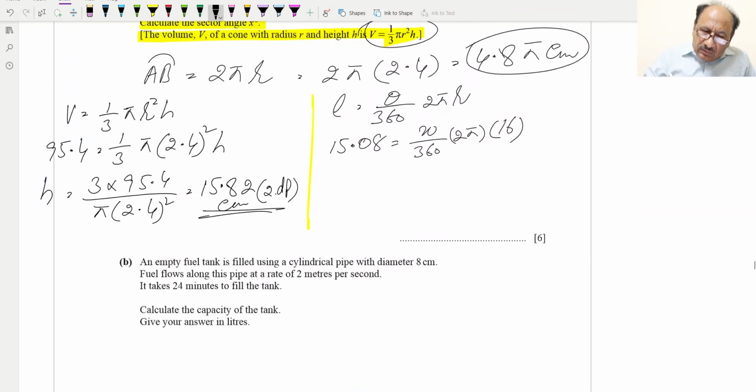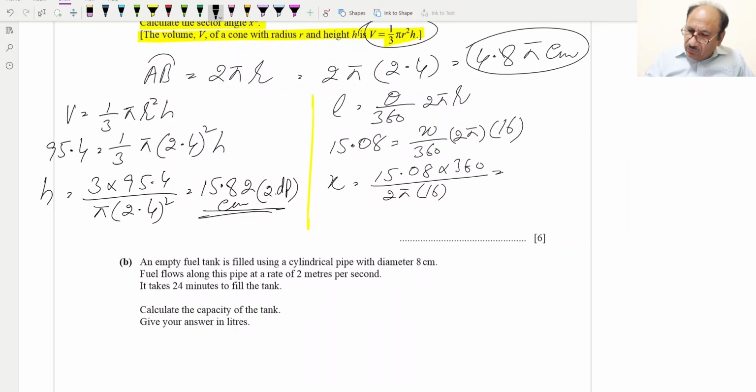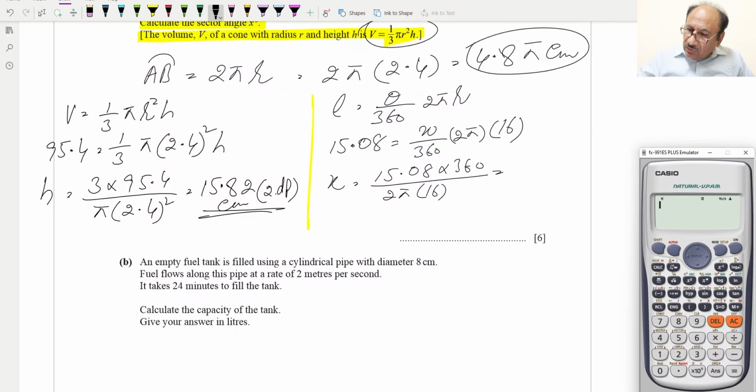So now we can write x will be equal to, we'll shift these things to the other side, so x is equal to 15.08 into 360 divided by 2 pi into 16, and this will be resulting to 54.00.